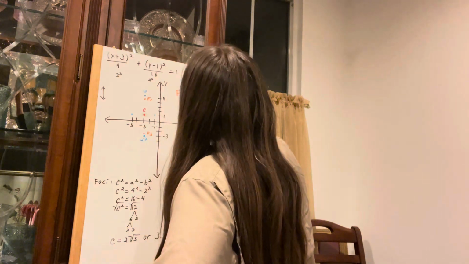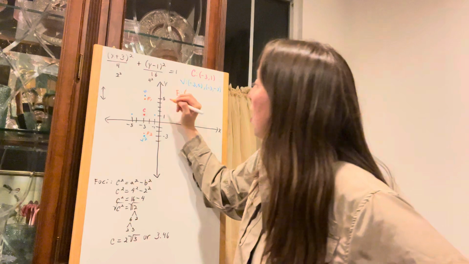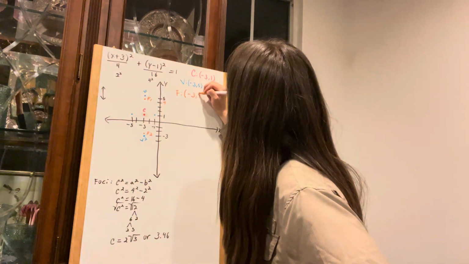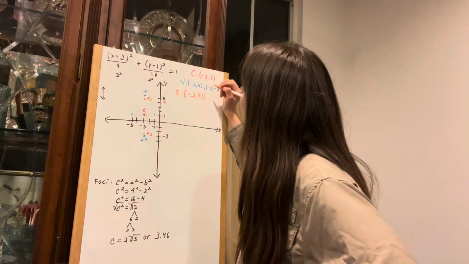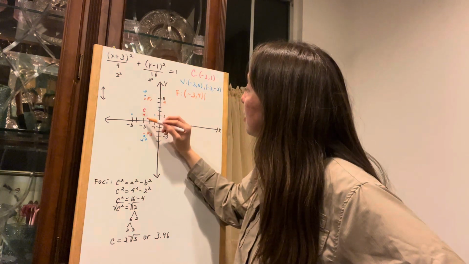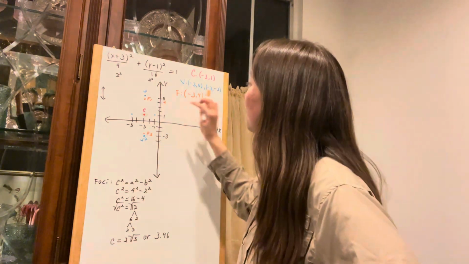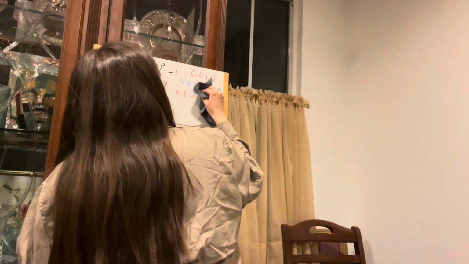My foci points are going to be -3, up 4, and then let's see, -3, oh, not up 4. How could I forget? I apologize. It is not up 4.